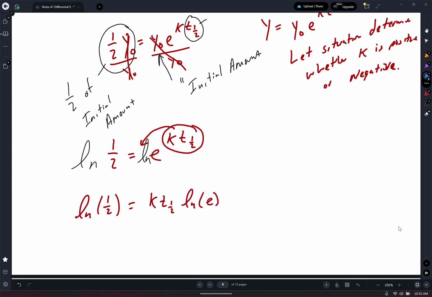Yeah, subscript half, not raised to the 1/2. I keep doing that. ln of e is just 1. So now I have ln half equals kt subscript half. Are we still okay? Yep. All I've got to do is solve for t subscript half. All I've got to do is divide by K.